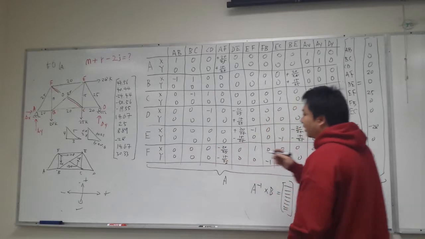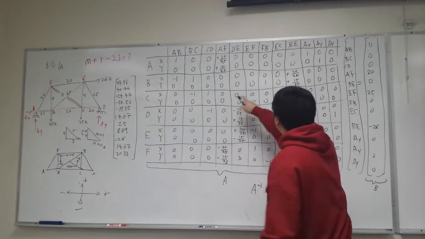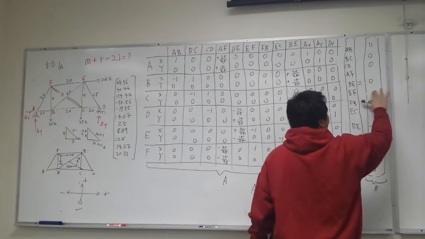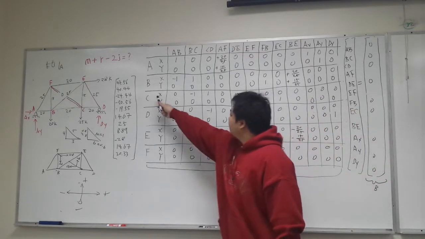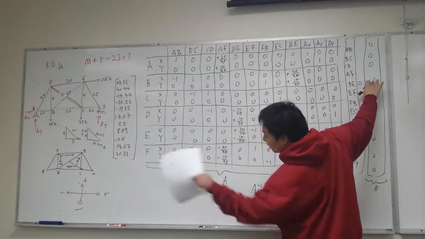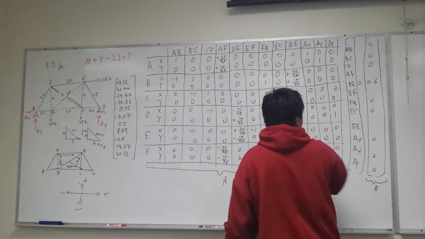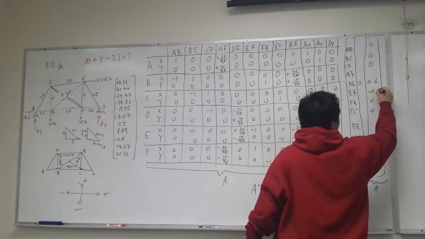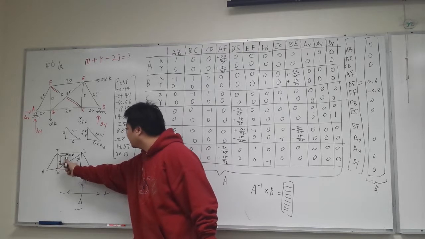So for C, in the x-axis, let's erase the old numbers. Point C, the x-axis, going that way is negative, so we're going to have 0.6 positive. In the y-axis, going up, so it's going to be negative 0.8. At point F, right here, you're going to have 0.6 and 0.8.